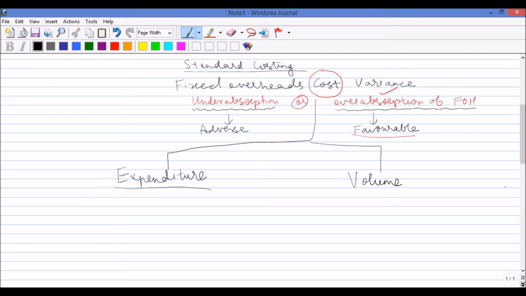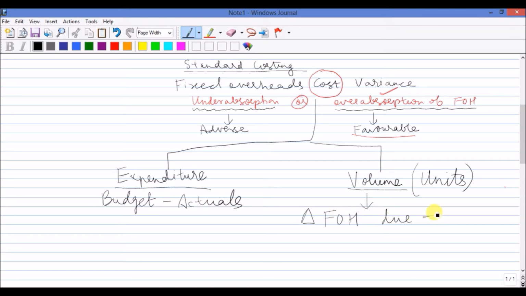The expenditure is budgeted minus the actuals. The volume is in units. And what does this volume mean? The volume means change, delta is change in fixed overheads due to change in units.